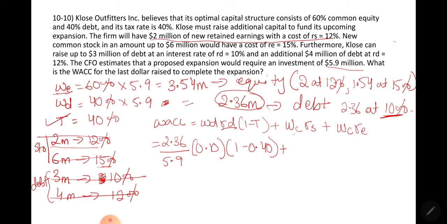Then, WC, and this is related to retained earnings. So for retained earnings, we are raising 2 million out of 5.9 and at a cost of 12%. Then we are going on the cost of new stock. So we are raising 1.54 out of 5.9 and at a cost of 15%.